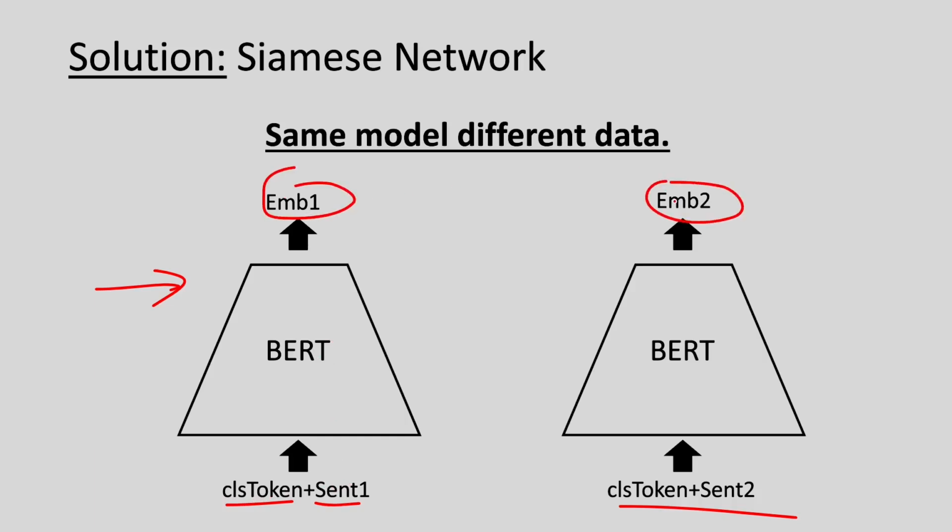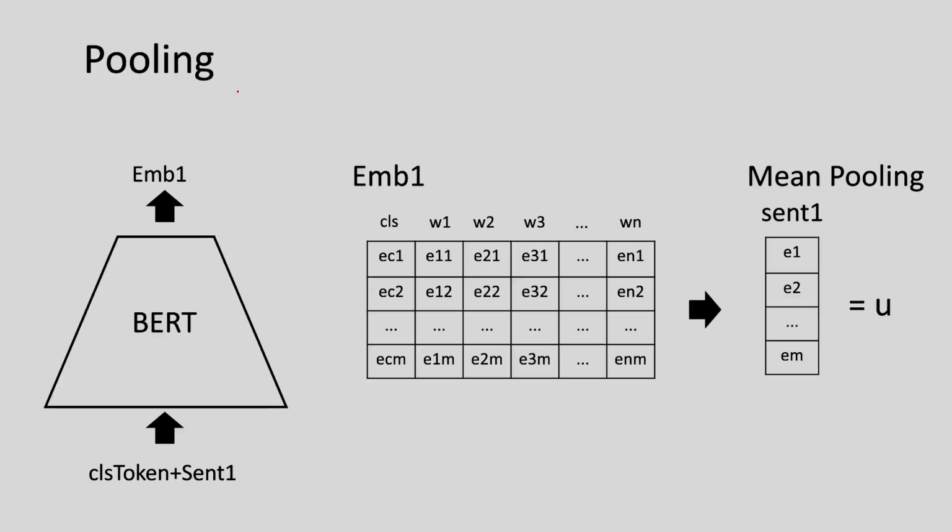So now we have two embeddings, right? Now we will see pooling. I have already explained it, but this is something that you need to keep in mind. The sentence was given, and this was the embedding of 1. In the previous time, we did not have this CLS token. Now since we have given the CLS token, we get one extra embedding over here.